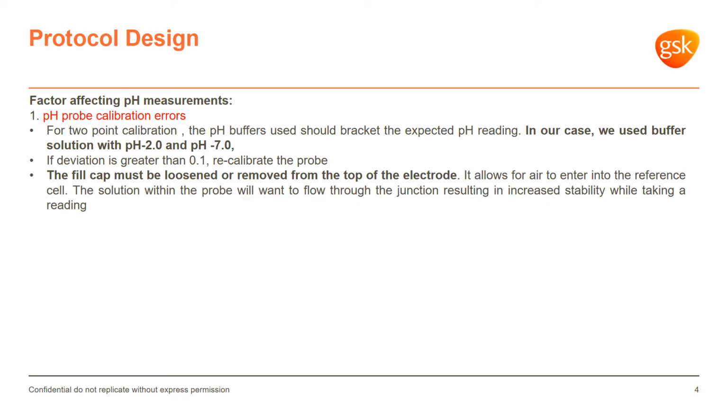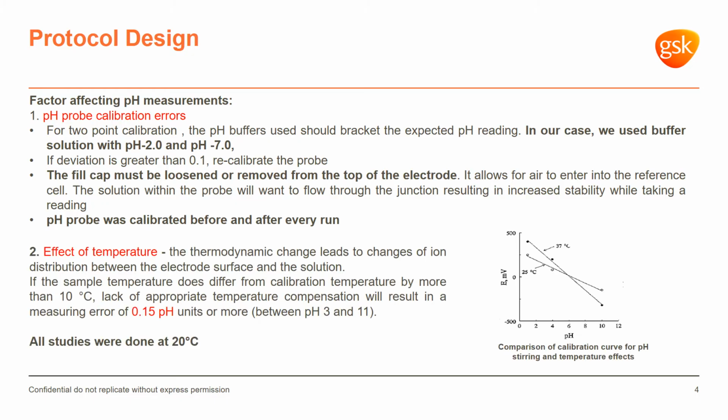We had to make sure that the fill cap is loosened or removed so the air could enter into the reference cell and provide a stable reading. If this is not done, you will usually see a very choppy pH reading on the monitor. The pH probe used for our studies was calibrated before and after every run.